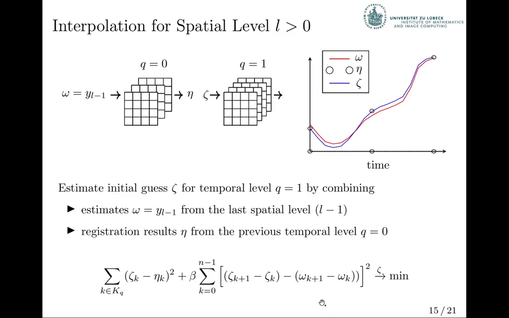And in the next part, we are simply saying that we want the first order derivative of our estimate close to the first order derivative of the estimate which we have computed at the last spatial level.